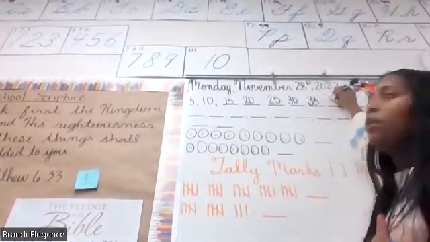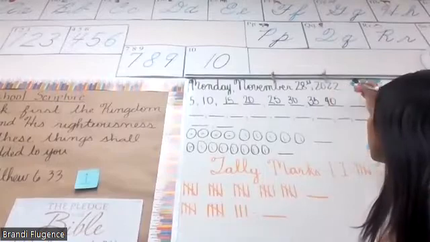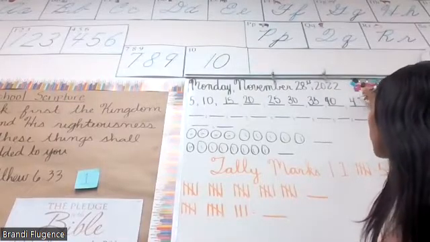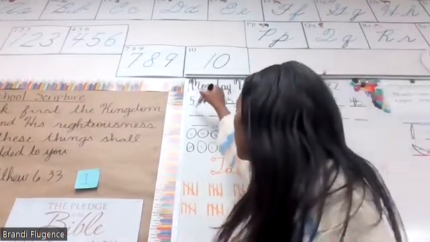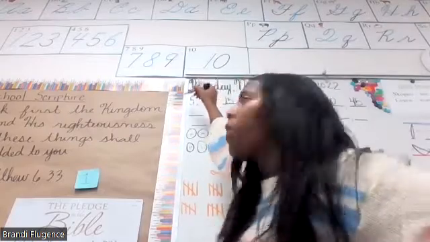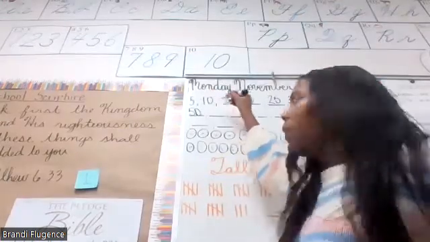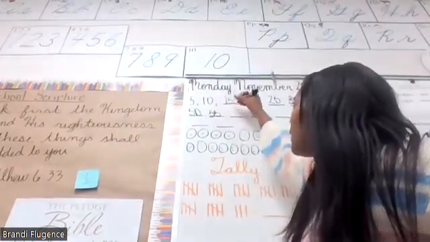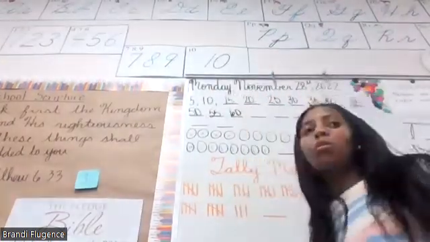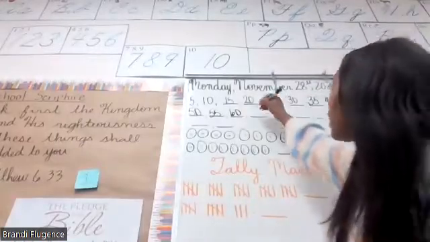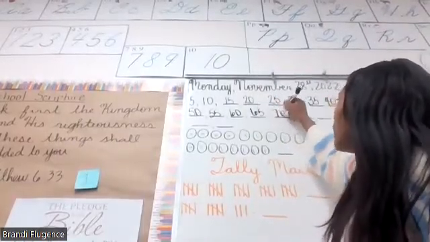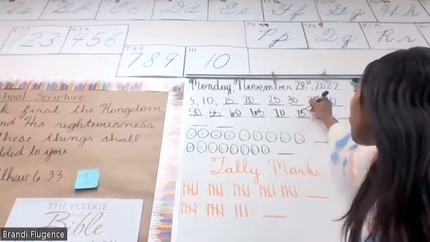Kendall? 40. 45. Micah? 50. Asa? 55. Braylee? 60. Elijah? 65. Cairo? 70. David? 75. Kendall?